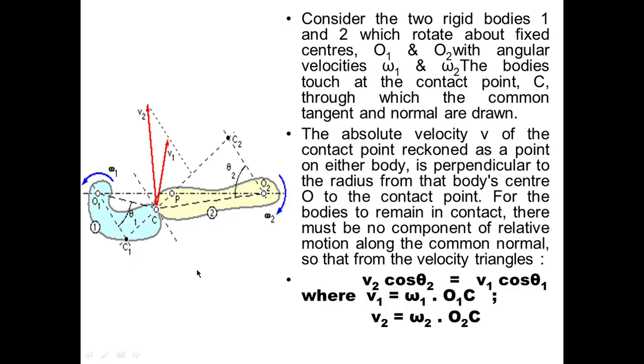For the bodies to remain in contact, there must be no component of relative motion along the common normal, so from the velocity triangle v1 cos theta 1 is equal to v2 cos theta 2, where v1 is equal to omega 1 into O1C and v2 is equal to omega 2 into O2C. That is the whole derivation.